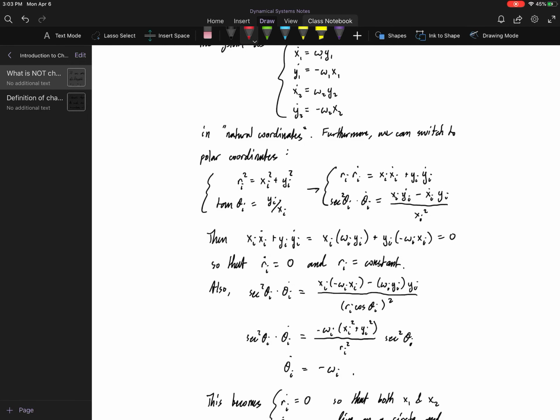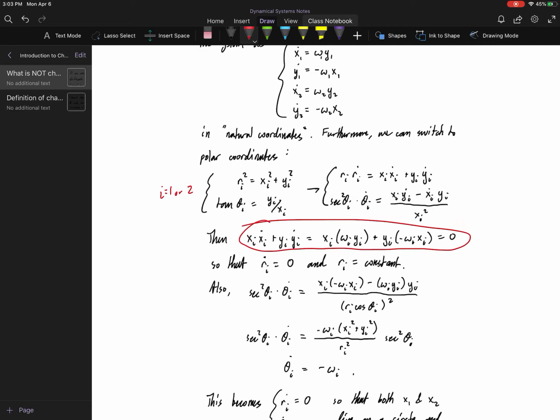Why do we want to switch into polar coordinates? Let's find out. So, this i here is representing either a 1 or a 2, so i equals 1 or 2, but fixed for each one of these pairs of equations. If I switch into polar coordinates, then differentiating this r squared equation, no surprise, is going to involve a nice little implicit differentiation, a little bit of chain rule.